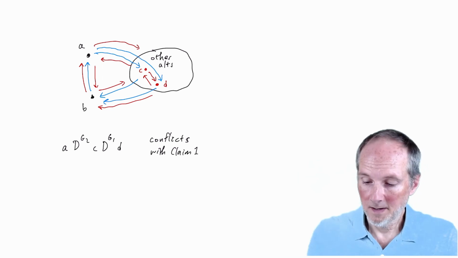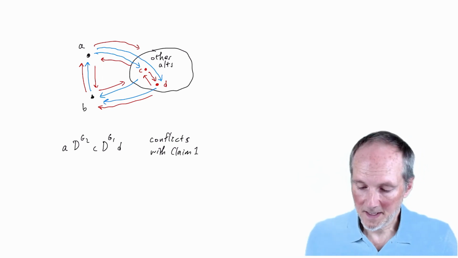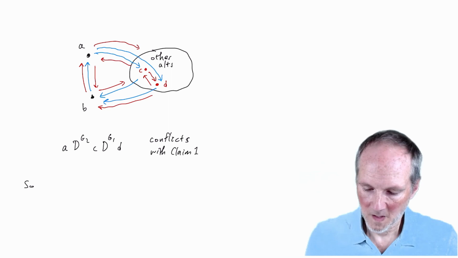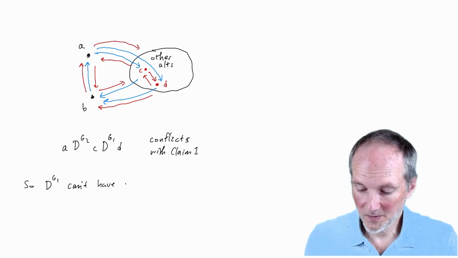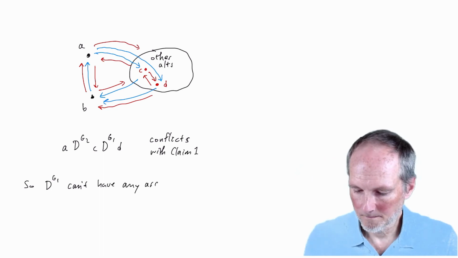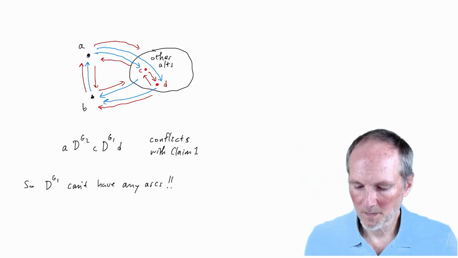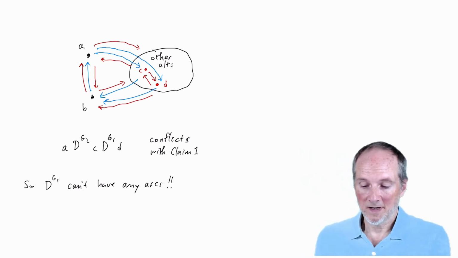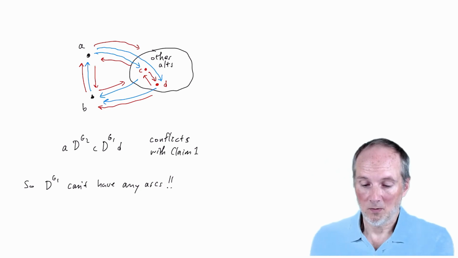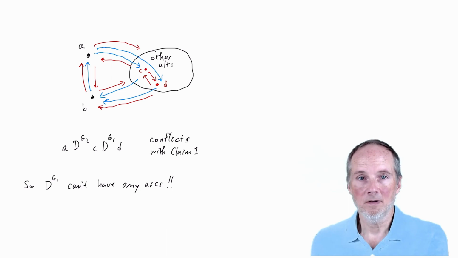The punchline here is that G1 can't have any arcs. We've just shown that. So with these 4 claims, wow, G1 is not decisive for any alternative over any other.